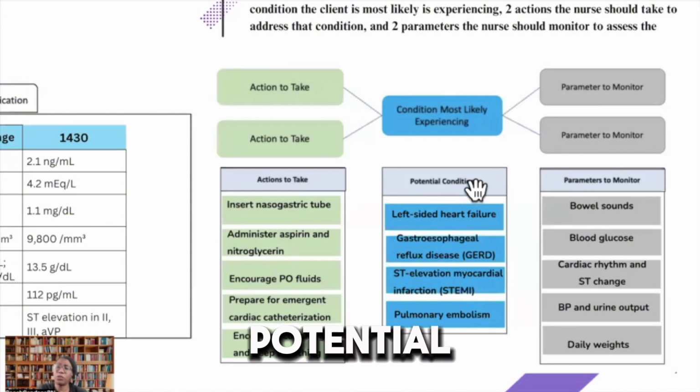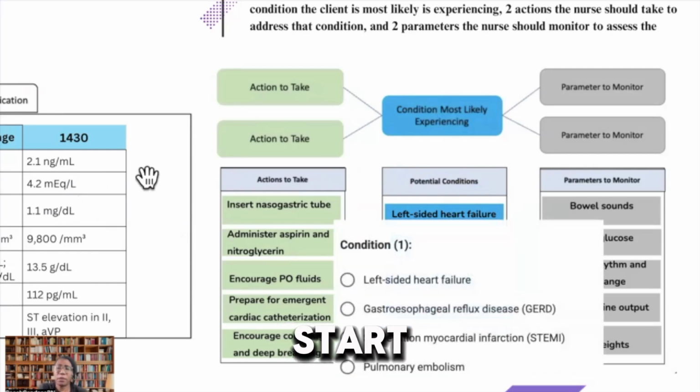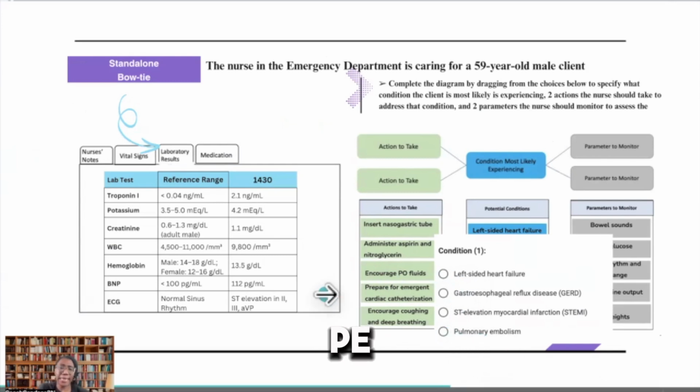Those are your potential conditions, and you have all that data there to help you make your choice. So let's first start there. Which of these conditions are we going to select? Is it left-sided heart failure, GERD, STEMI, or PE?